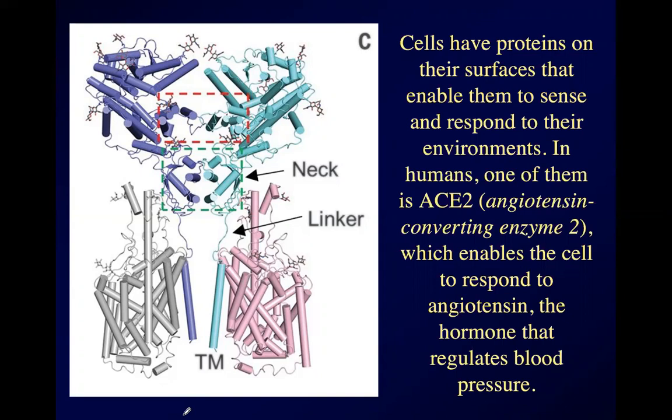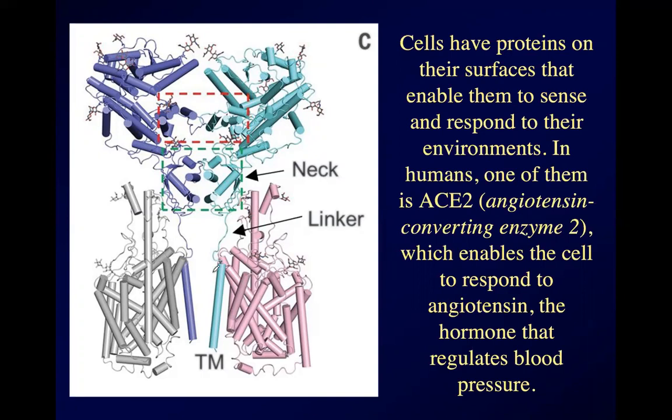Cells have all kinds of receptors on the outside. And in humans, one of the receptors that your cells have just happens to be called ACE2, which is what enables your cells to respond to a hormone called angiotensin that regulates blood pressure.